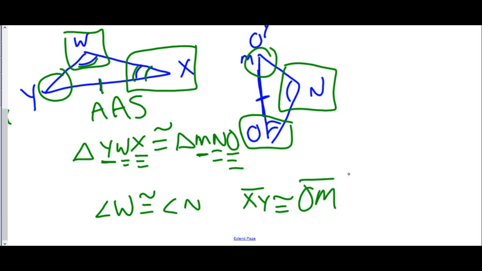So the last thing that can happen is maybe they don't give you enough information to prove two triangles are congruent. I don't remember what example number I'm on, so I'm just going to say example.